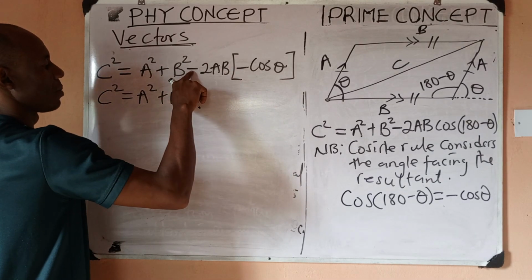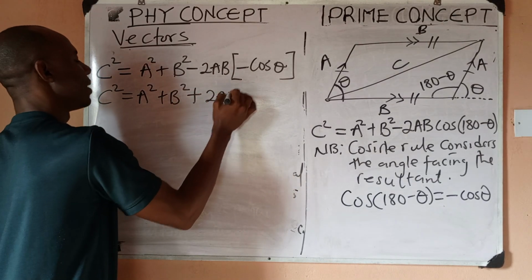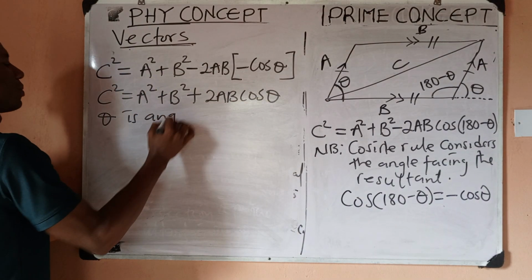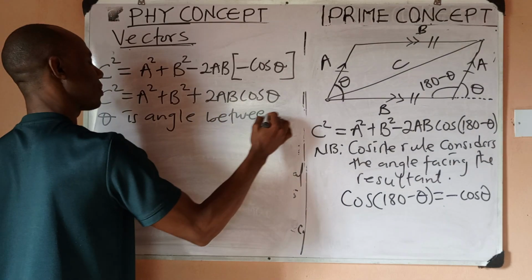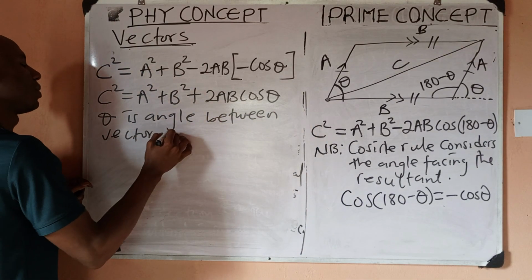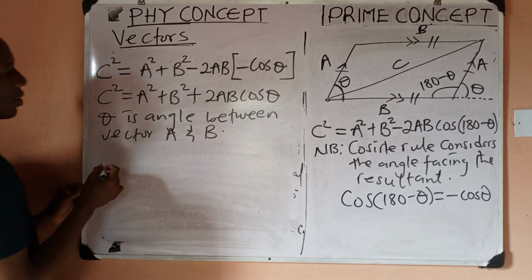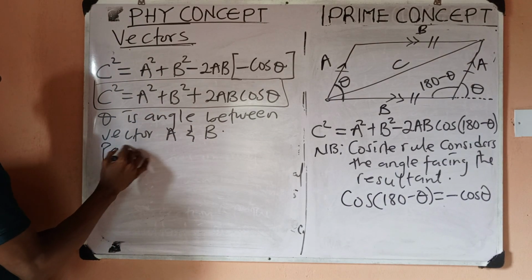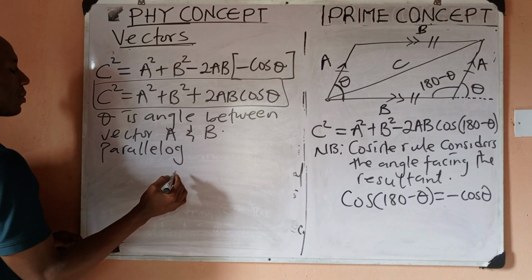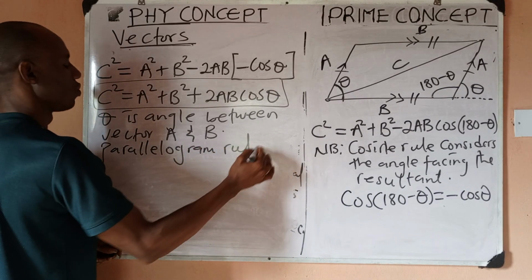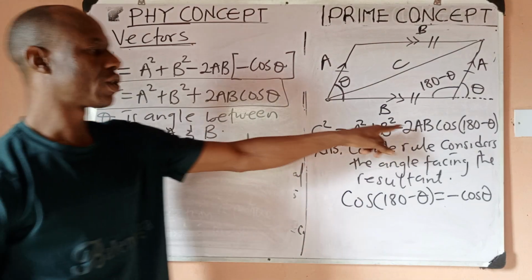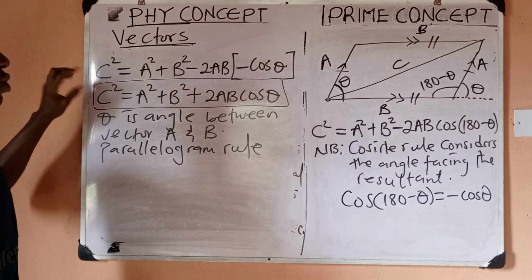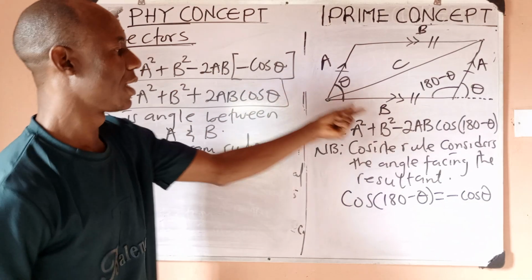This minus, when it multiplies this, becomes plus 2AB cos theta, where theta is the angle between vector A and B. So this formula we have just gotten is known as the parallelogram rule. Take note, while this one is cosine rule, this one is known as what? Parallelogram rule. Parallelogram rule considers the angle between vector A and B.